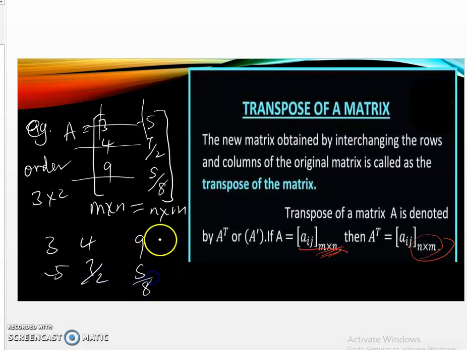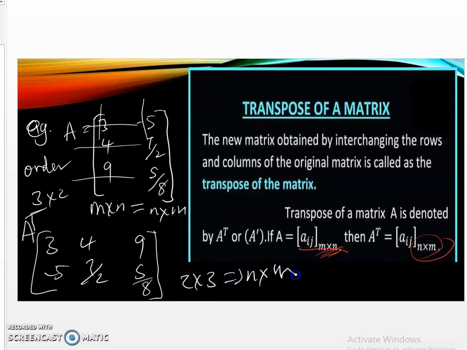We simply interchange the rows and columns, so that this will be our new matrix, and this is called A transpose or A prime. So this is the order. It is now order 2 by 3, which is equal to N by M that we have here. So this is how we transpose matrices.